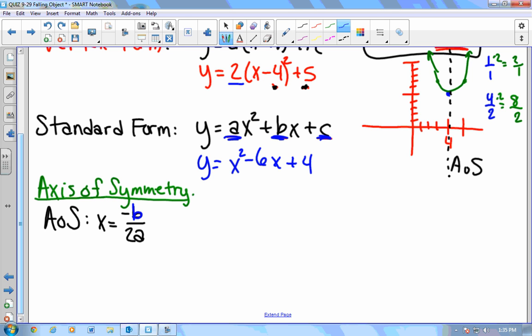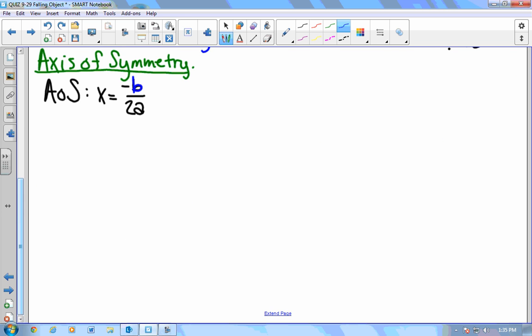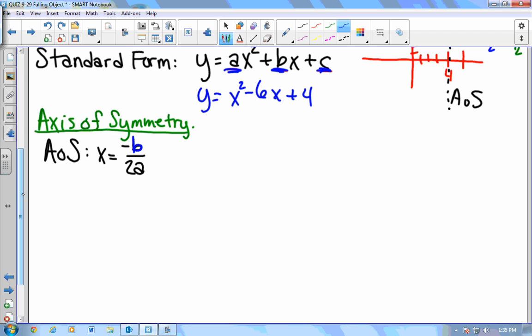Gabe, what'd you get? Negative 6. So for the axis of symmetry, the numerator is opposite of that. So we have a negative 6, which becomes a positive 6. Over 2 times, finger in the air, what is the A?